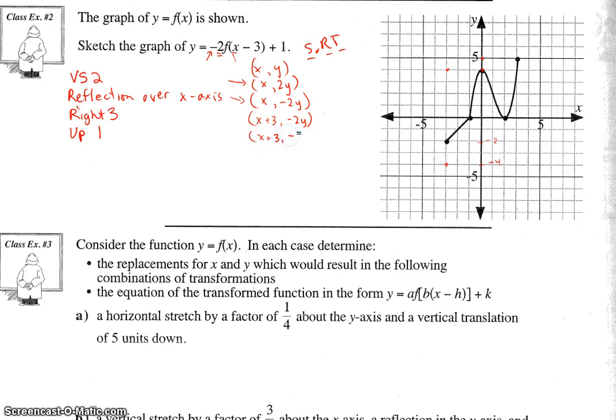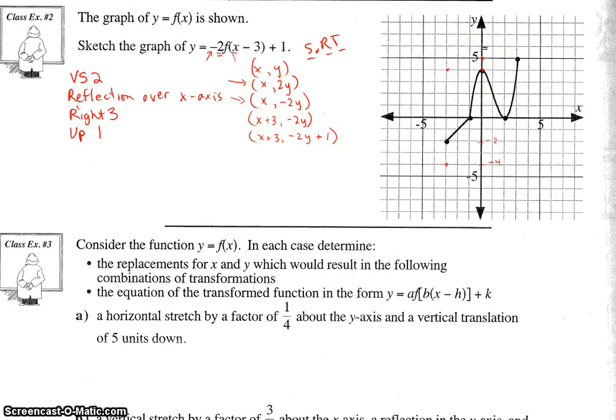So this becomes negative 2y plus 1. You don't scoop y out like you would with the equation, because this is simply a point and it works normally. If we had negative 2y as our coordinate, you would add 1 to it.